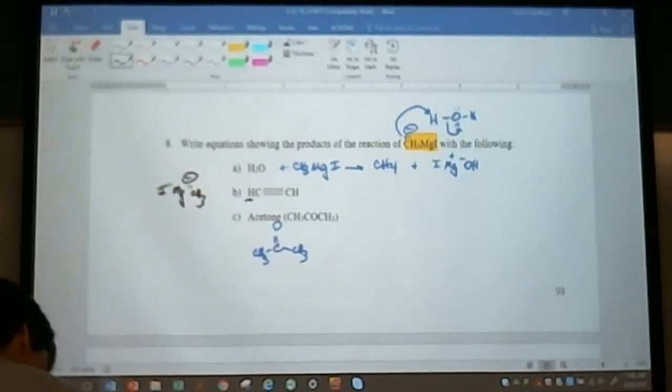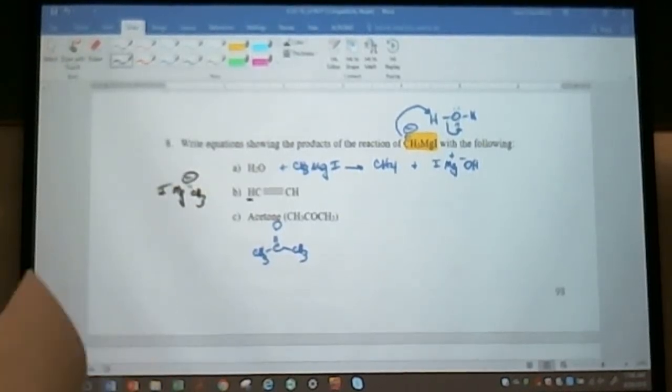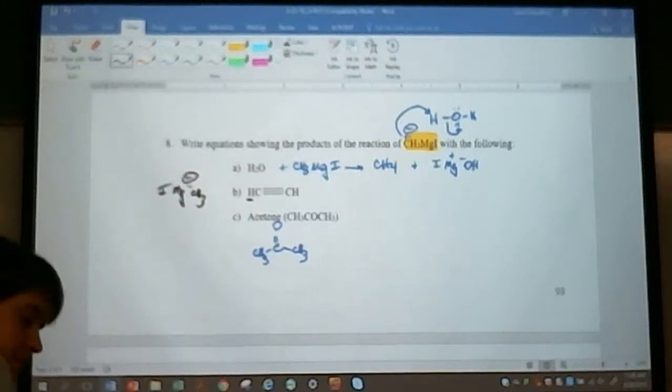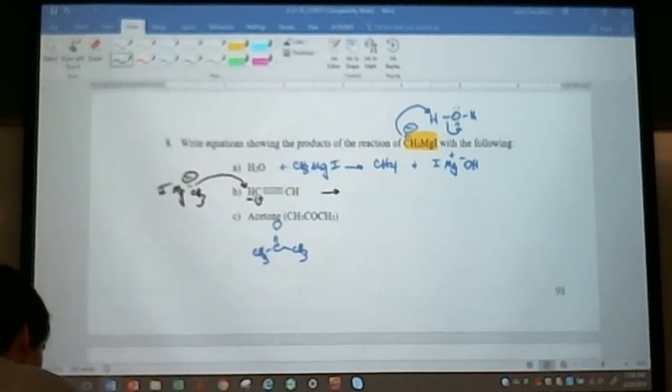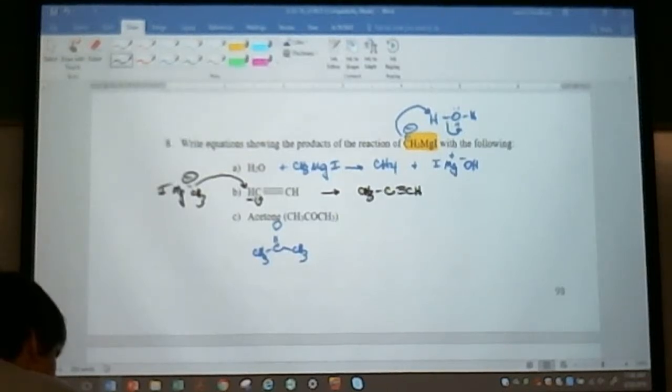terminal acetylenes have acidic hydrogens, right? We saw that in chapter 9 when you use sodium amide, you can extract that and get the acetylide ion. So this is a strong base, it's certainly going to act as a base here, extract this hydrogen, and form this, and of course form methane again.